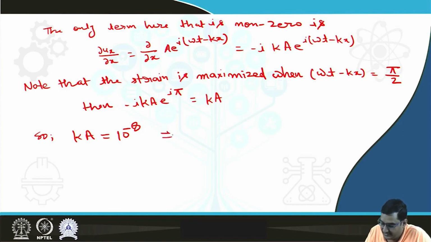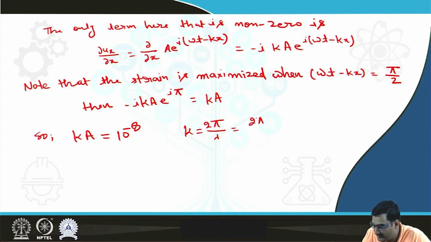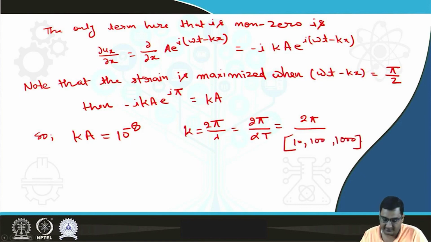So k is equal to 2 pi by lambda, and that is equal to 2 pi by alpha T. Alpha is the wave velocity, and we need to find it for 10, 100, 1000 kilometers.